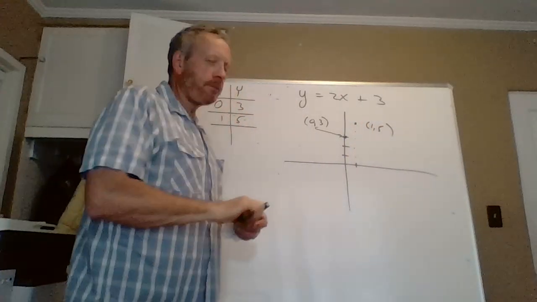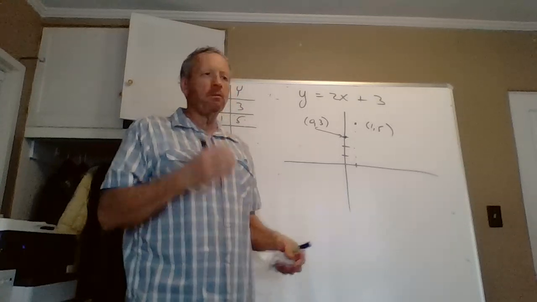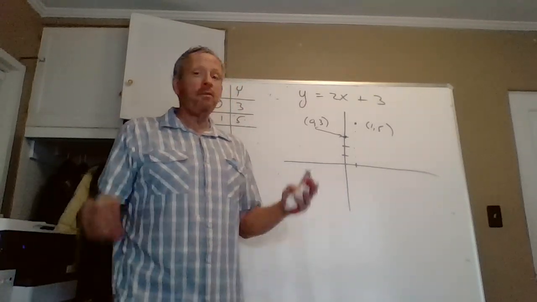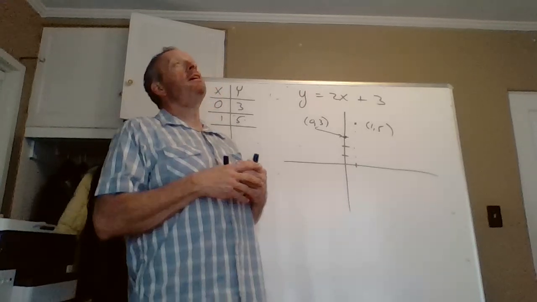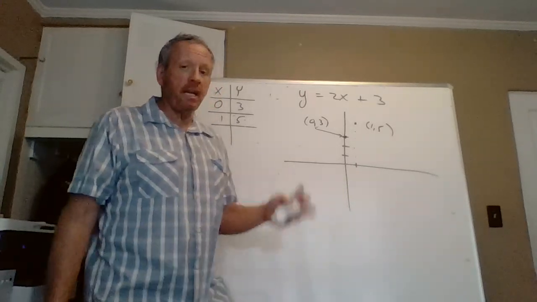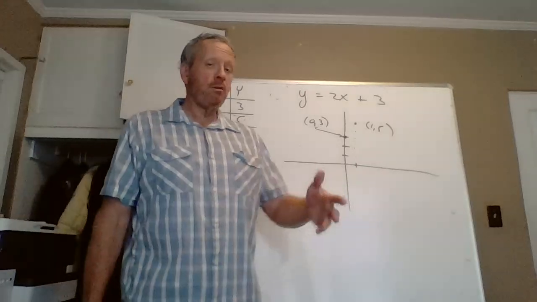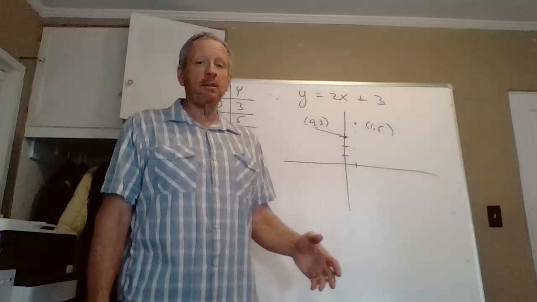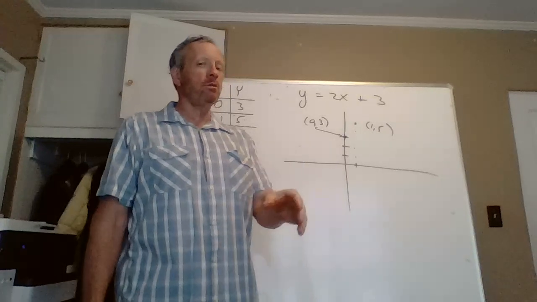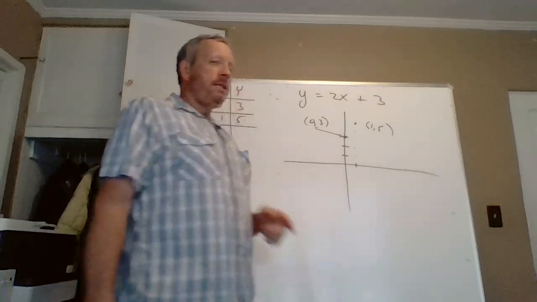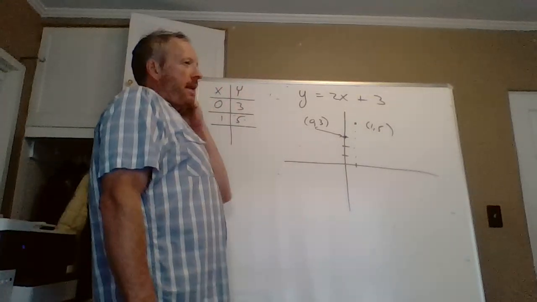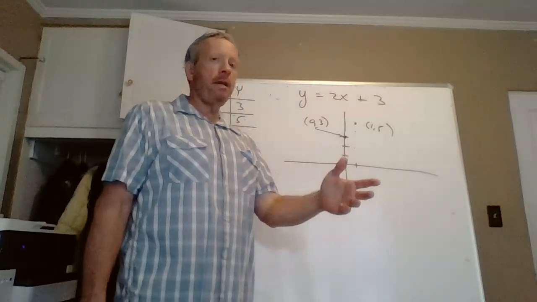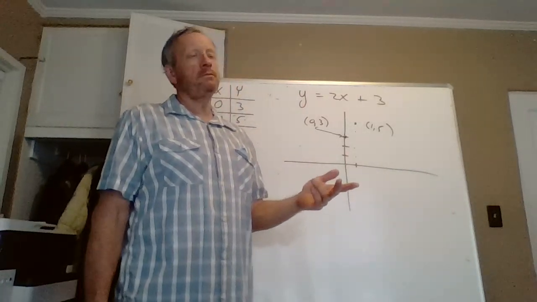Now, I will tell you something. In this chapter, everything we're graphing is a straight line. I haven't proved that. I haven't demonstrated that. I haven't even vaguely said why that's the case. But I'll just tell you right now that everything we're going to graph in chapter 3 is a straight line. Assuming that is true, if we're graphing a straight line, how many points would I need to make the drawing of a straight line? 2.